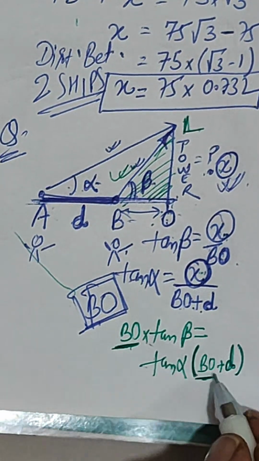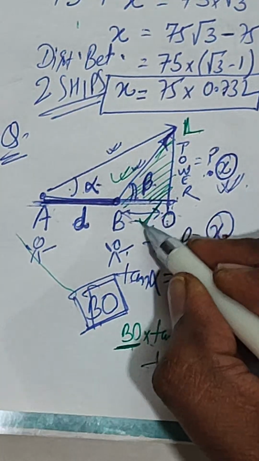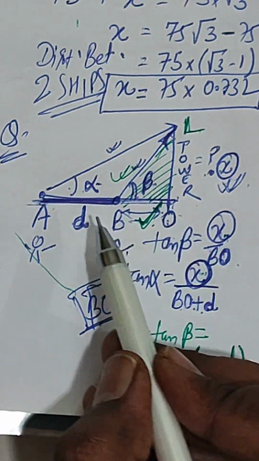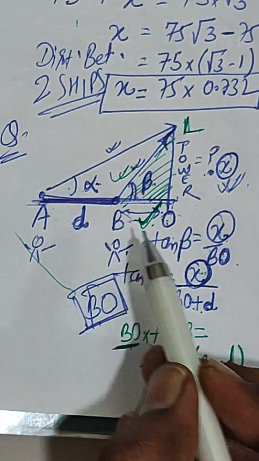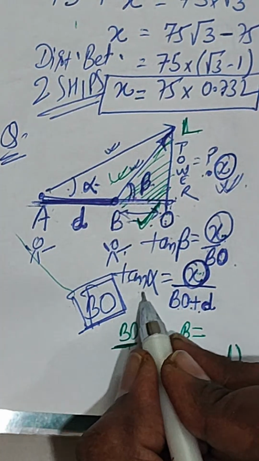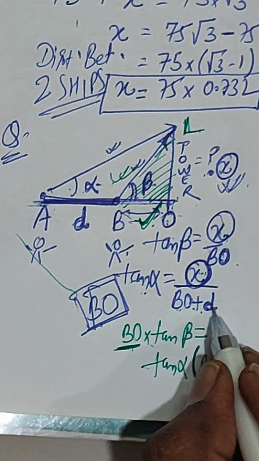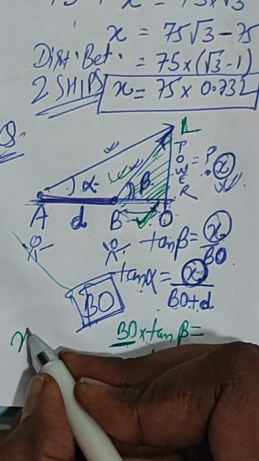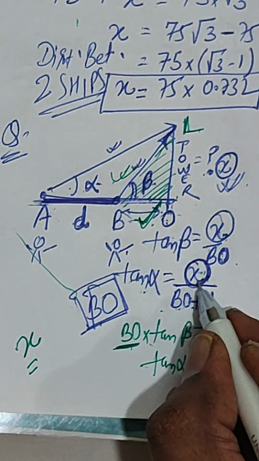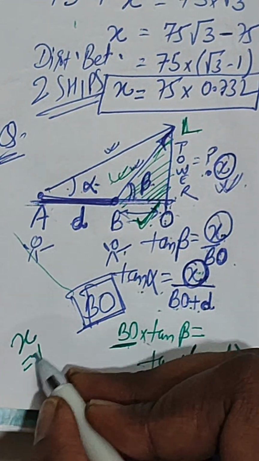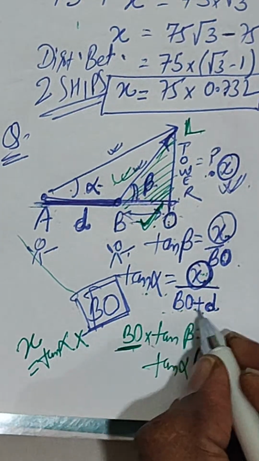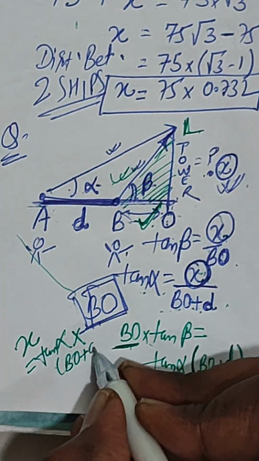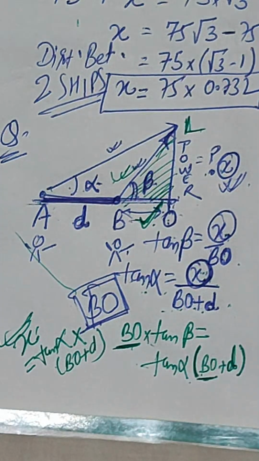If you calculate the value of this BO, right, then AB is known to you. Then using the tan alpha, you just put the value of BO plus D, you will get the value of x. x is the tower height, which is equal to tan alpha multiplied with BO plus D. That is this value of BO which is coming, plus D, and this will give you the tower height, right?